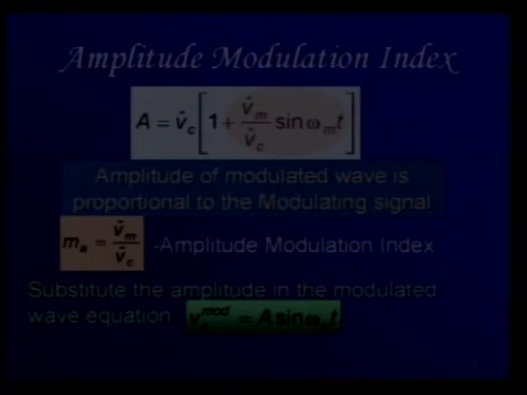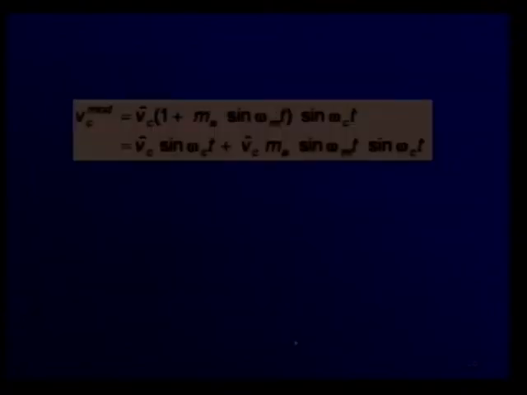If we substitute in the amplitude modulated wave, then Vc mod is equal to A sin omega c t, which is equal to Vc cap into (1 plus Ma sin omega m t) sin omega c t. So, if I expand this bracket, then Vc cap sin omega c t plus Vc cap Ma sin omega m t sin omega c t.